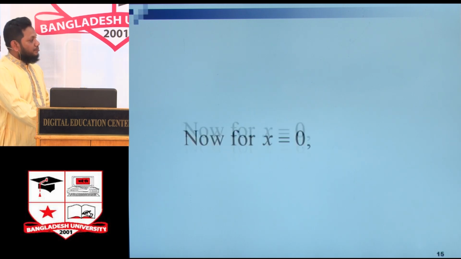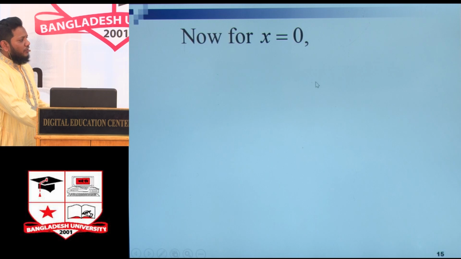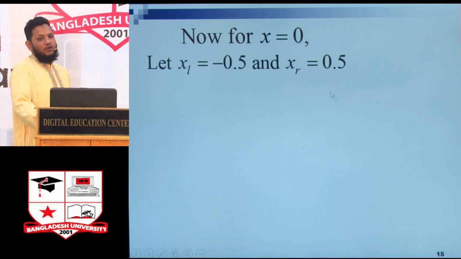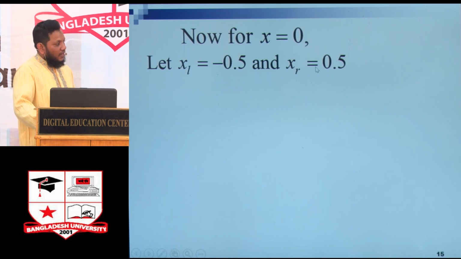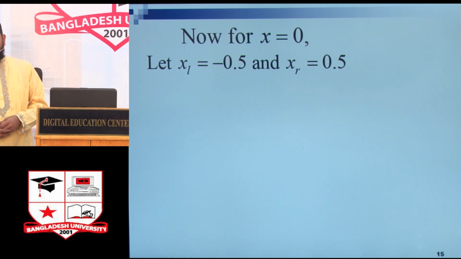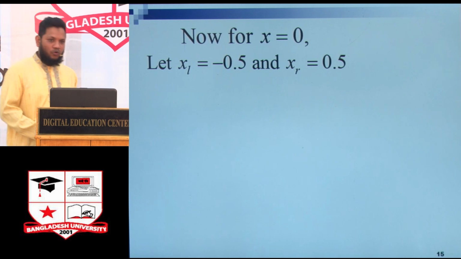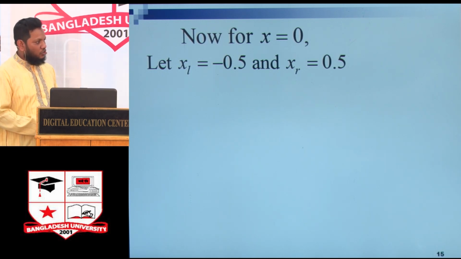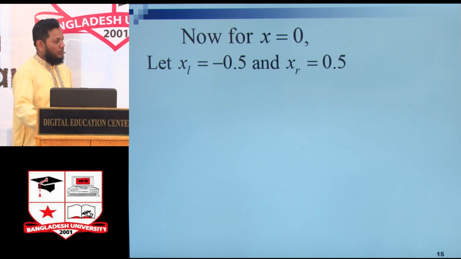At first, for checking x equal to 0, we consider xl equal to minus 0.5, and for the right, xr equal to 0.5. You can consider xl equal to minus 0.3 or minus 0.25 or minus 0.4 or minus 0.6. You can take any one. I just consider here minus 0.5 and xr equal to 0.5.